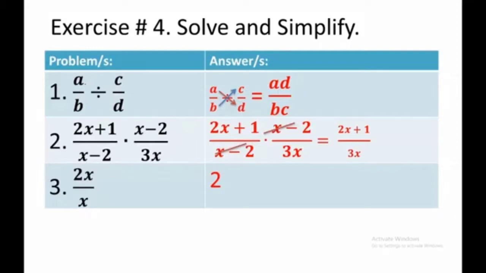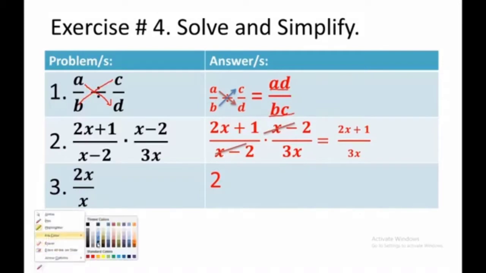Again, a times d comes first, the numerator multiplied by the denominator of the other fraction. So this is a times d divided by b times c. So that is the solution or the answer here.